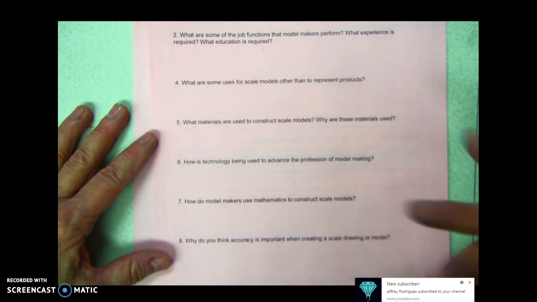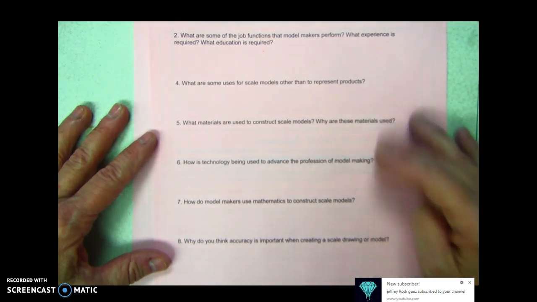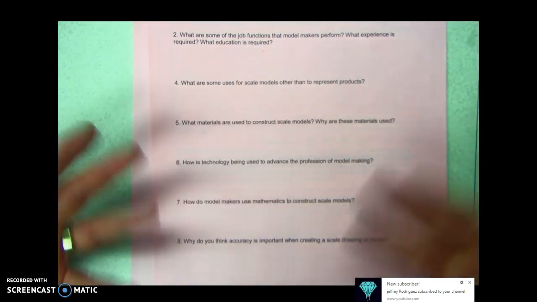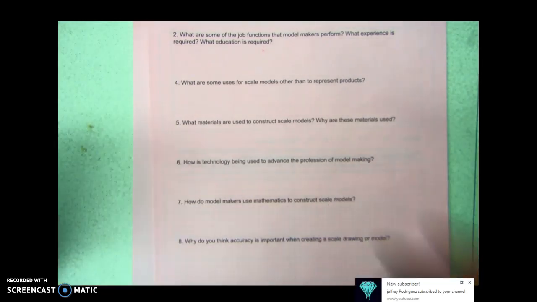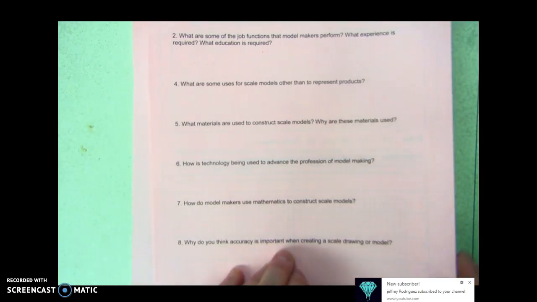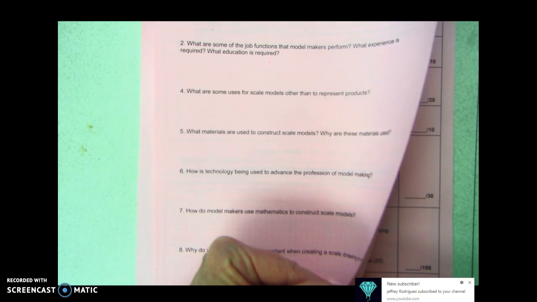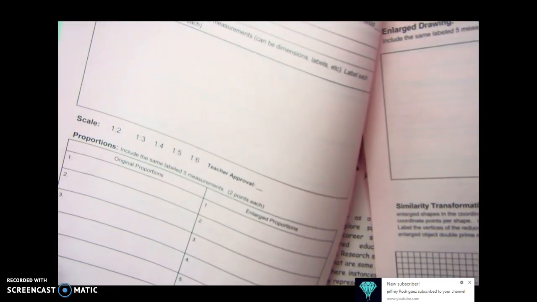And this should be 3 to 4 sentences on each answer on these questions. You can work together, obviously, on these. You can work with another group on these also, but everybody writes the answer down on their own paper. So everybody has a pink packet. Everybody will turn it in. And that's as far as you're going to get today.